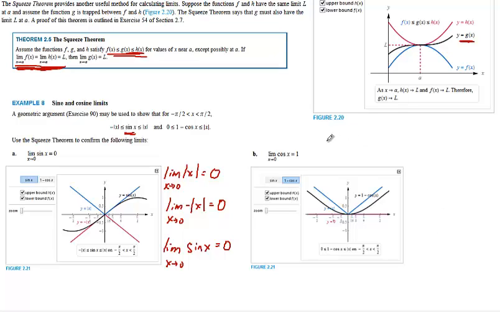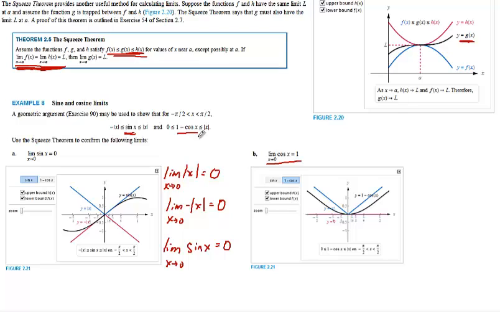Another case where it's not readily apparent, this is what we would like to know. We'd like to show that the limit as x approaches 0 of cosine x equals 1. We're going to do that not by looking at cosine x, but by looking at 1 minus cosine x.